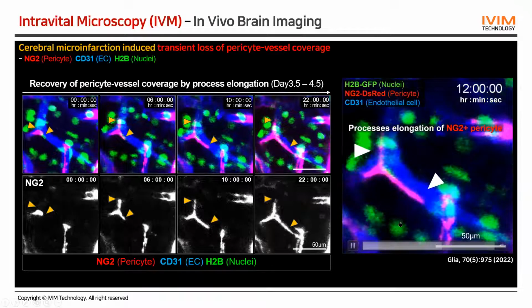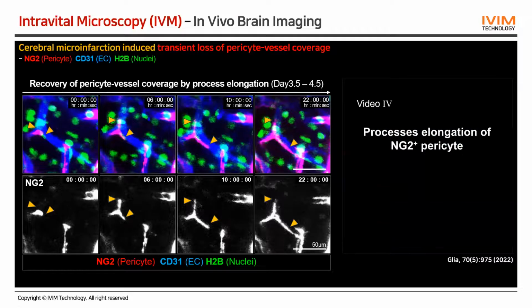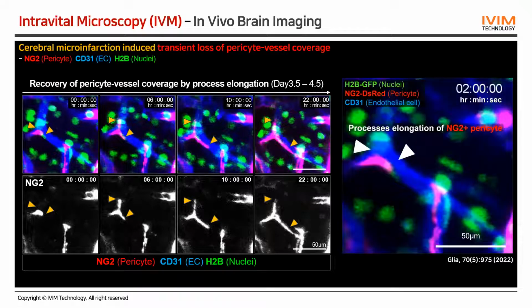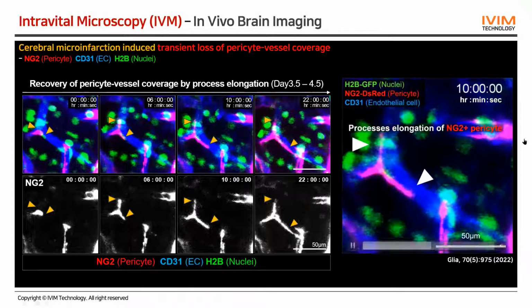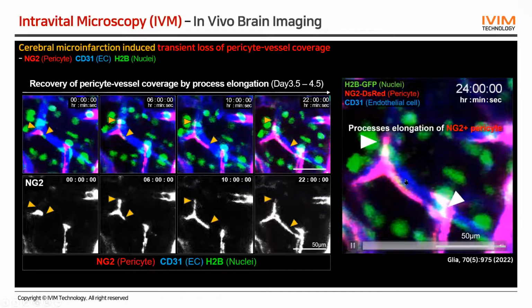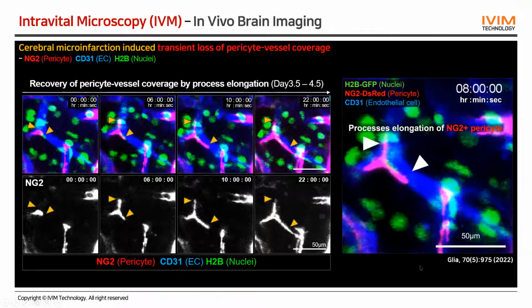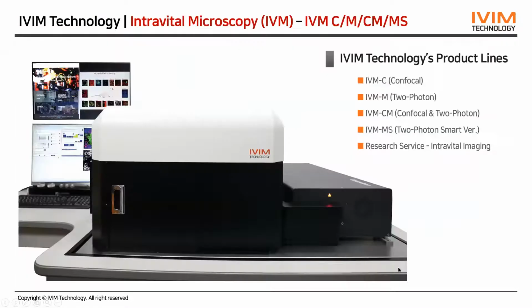So again, this is a very good example showing we can track cellular level dynamics and the interaction with other types of cells, in this case pericyte and endothelial cell interaction, over 22 hours in a live animal model, in live tissues.